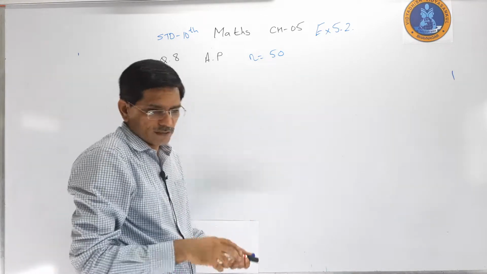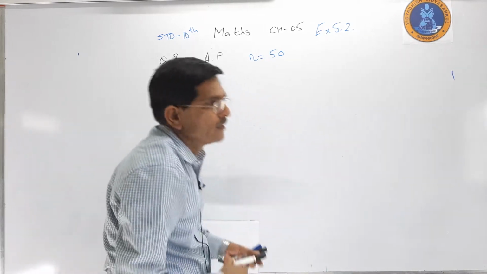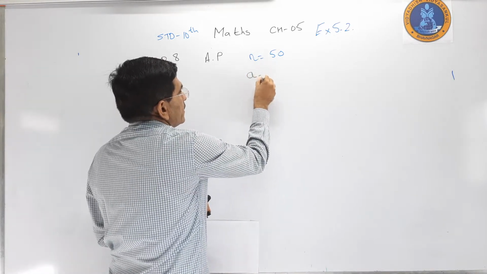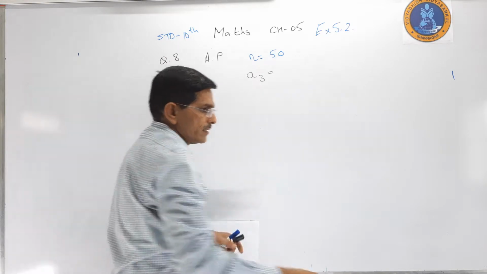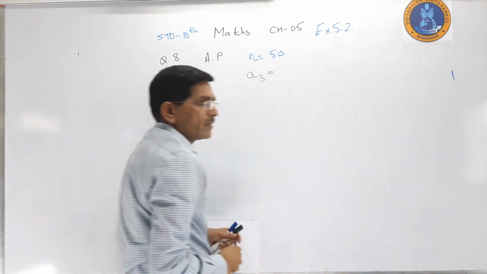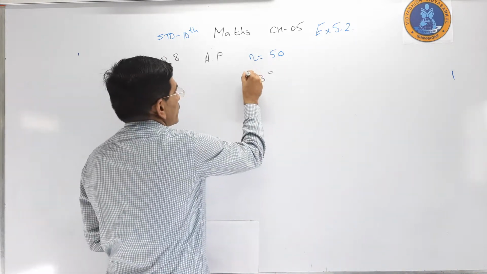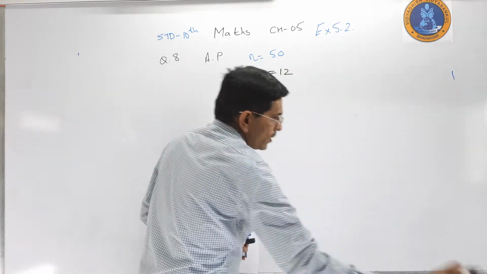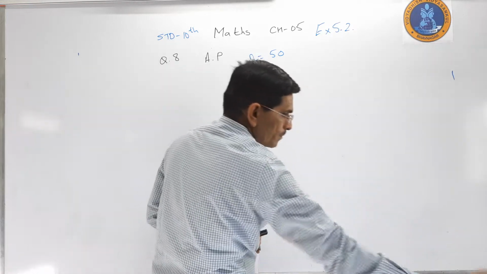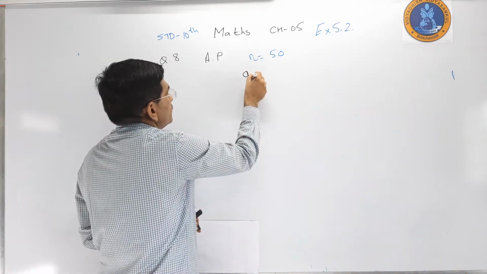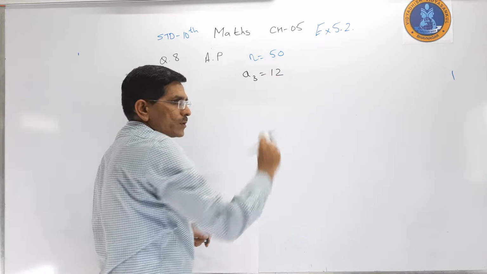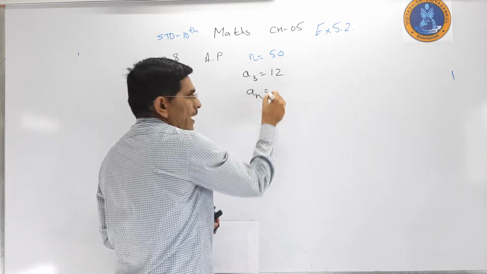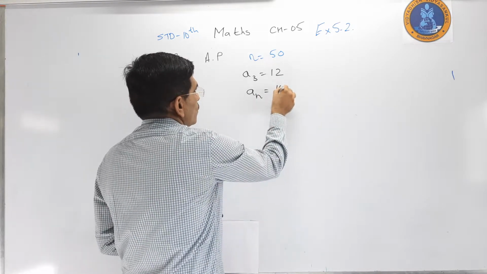Third term means A3, and A3 is given as 12, or we can say A3 is equal to 12, and the last term AN is given as 106.